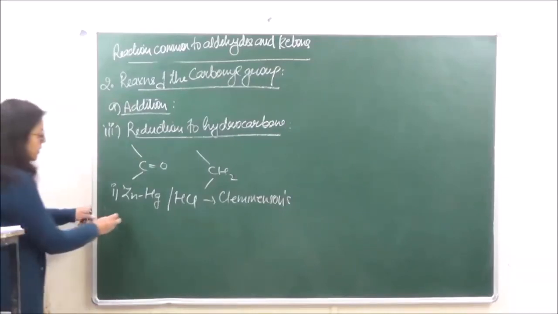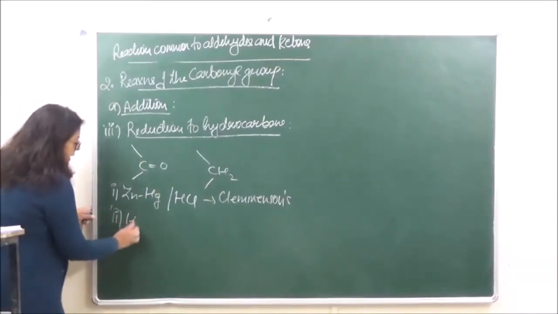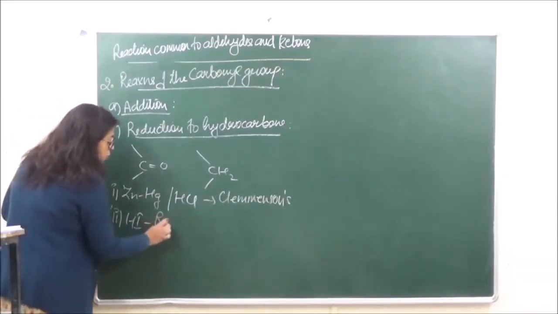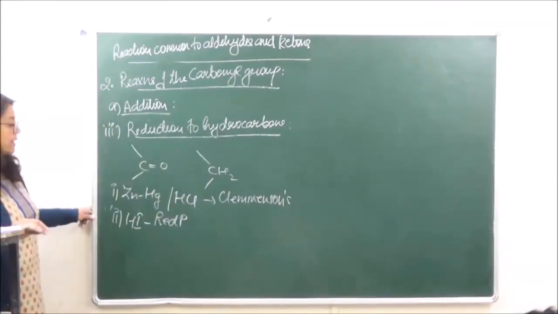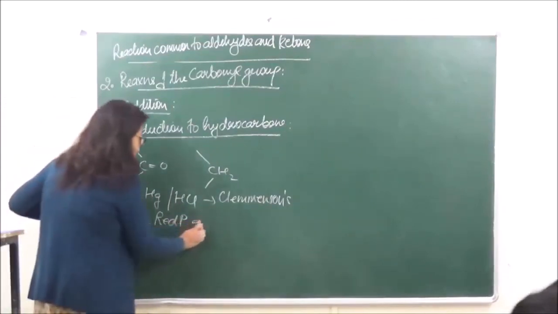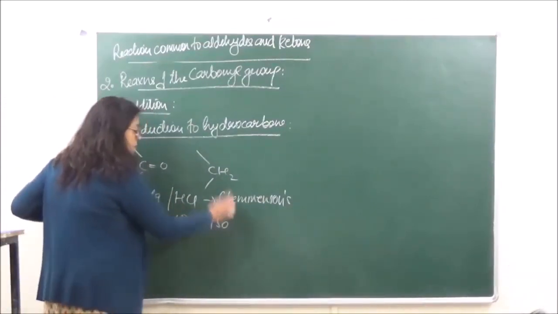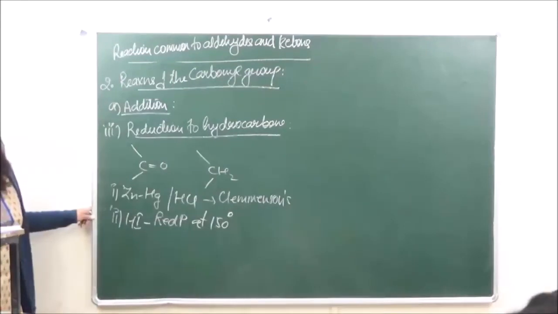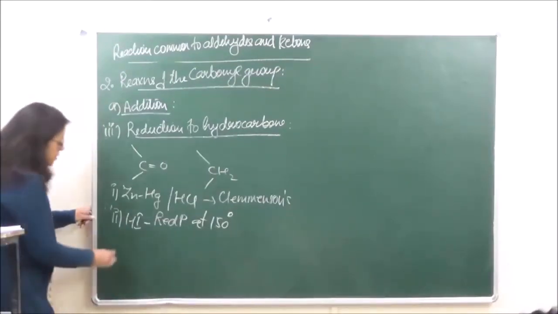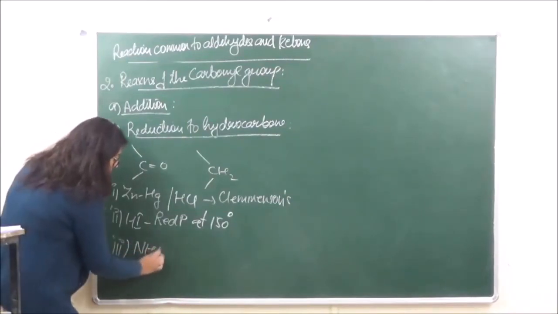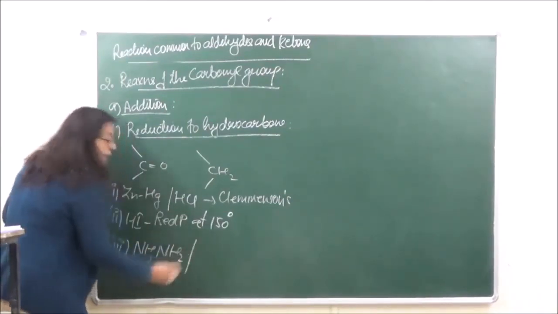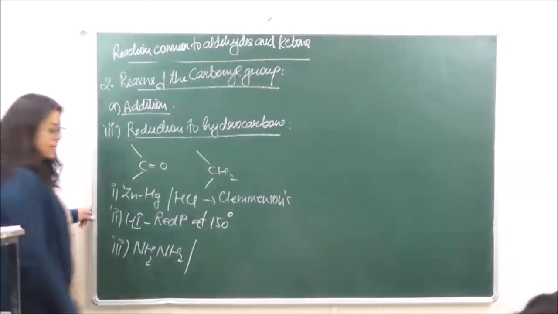Or we can use over here HI in presence of red phosphorus at 150 degrees Celsius. The temperature maintained is 150 degrees Celsius. Or we can use hydrazine. This is hydrazine in presence of an alkali.